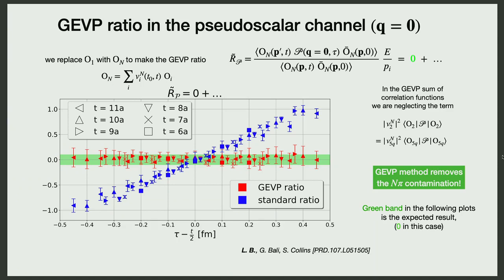And after the diagonalization, for this GEVP ratio, so using GEVP-improved operators, we get results which are consistent with 0, whereas with the standard ratio with smeared-only nucleon operators, we had non-zero results. And the conclusion is that the GEVP method removes completely the Nπ contamination in this channel. So it's very impressive that this works very well in this case.